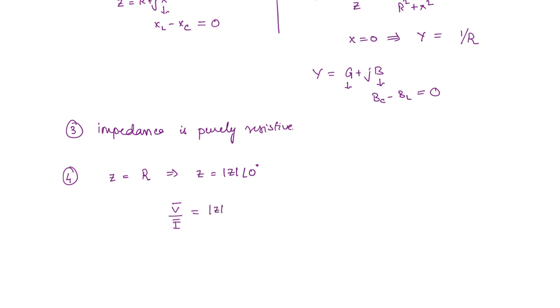So if this is equal to mod Z angle 0, then the angle of V is equal to the angle of I. The phase of voltage is equal to the phase of I. So that means voltage and current will be in phase under resonance condition. So if this is voltage, then I will also be having the same phase.